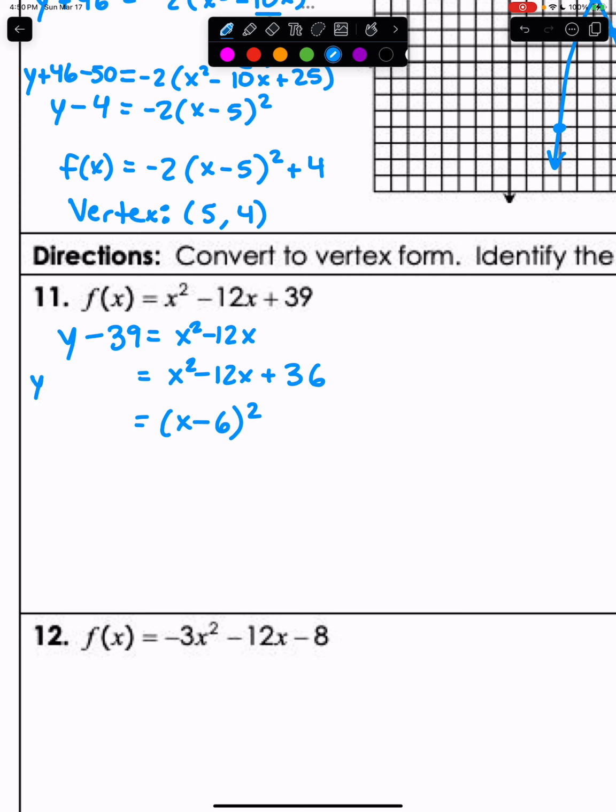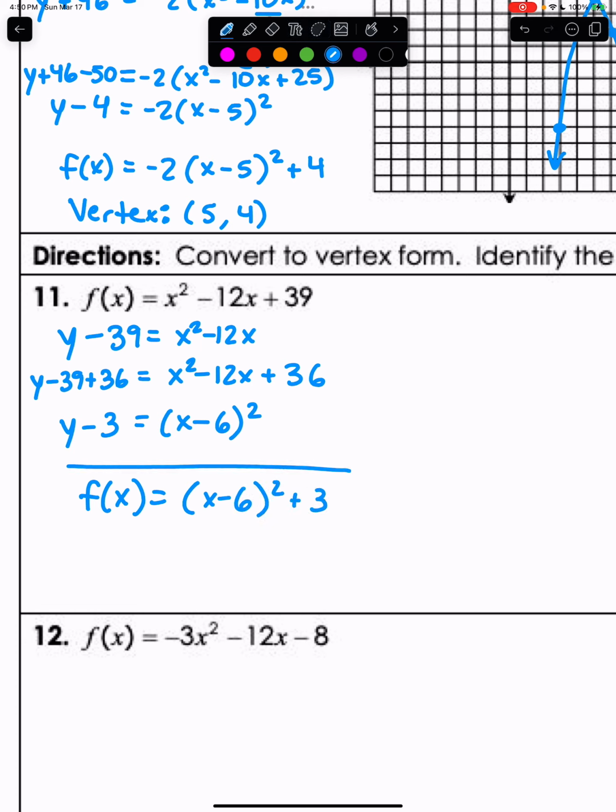This is going to be y minus 39 plus 36, so y minus 3 is equal to (x minus 6) squared plus 3. Your vertex itself is going to be (6, 3).